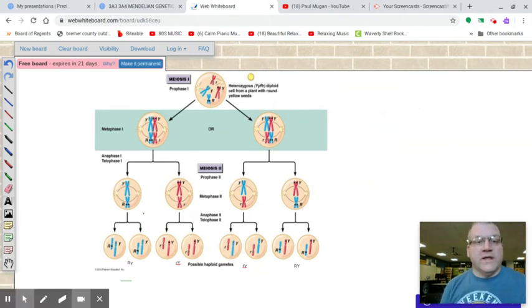So first off, we can see that we do have all four of those alleles here at the very start. Depending on how those line up in metaphase 1, those homologous chromosomes separating will determine the possible gametes produced.